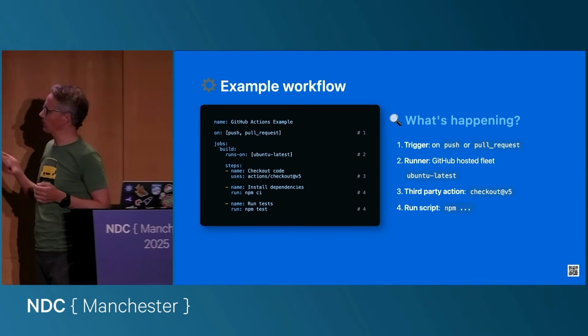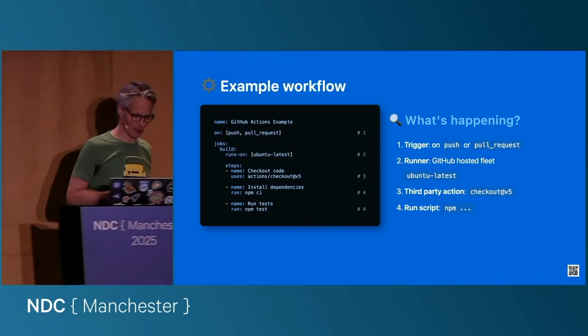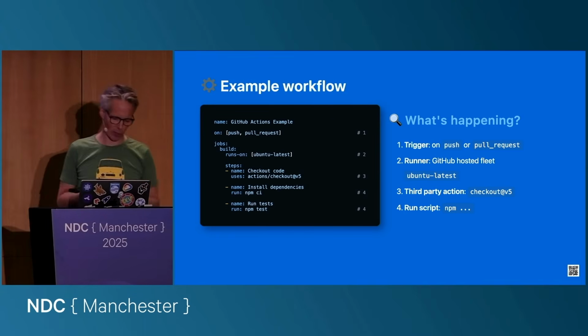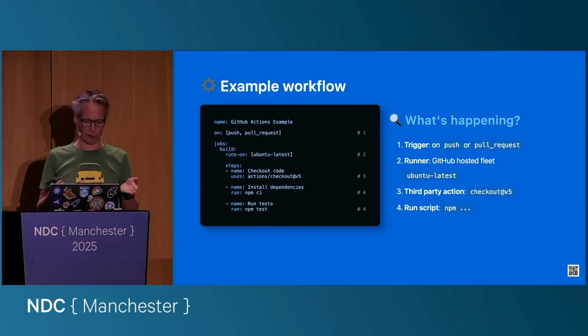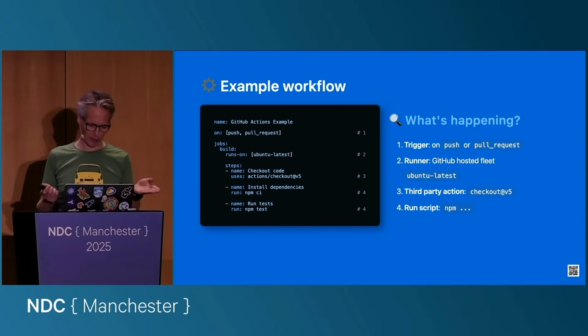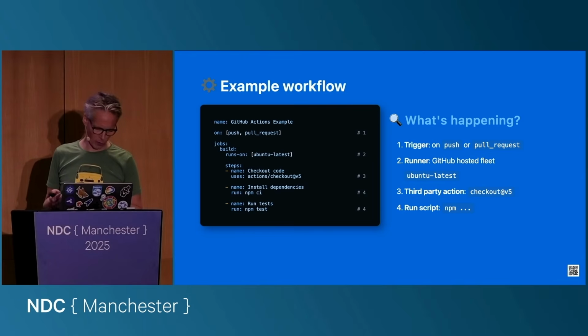So here we have a very simple workflow. I go over it quickly because this is just the basics. On the line marked 1, we see the event. This workflow gets triggered on code changes, push and pull requests. Marked with a 2, we see the type of runner that is selected. In this case, it is a GitHub-hosted Ubuntu runner, because implicitly it is a GitHub-hosted one.